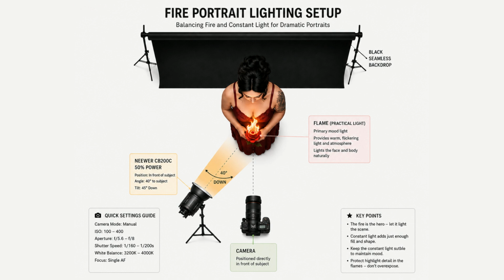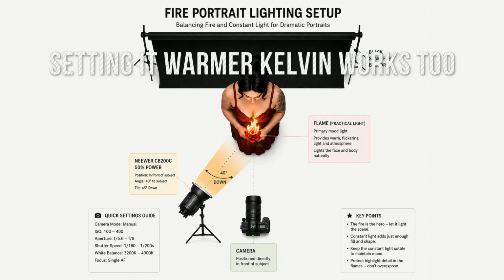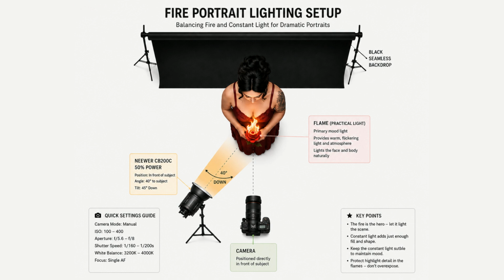I think it was probably on 5,600 Kelvin, which is pretty much where I use my flash and my constant lights at. I just like it to be quite neutral. Now, this diagram isn't exactly as it was. The light was in roughly that position, but it was up high and pointed down onto my model, and I was standing in front of my model with my camera.